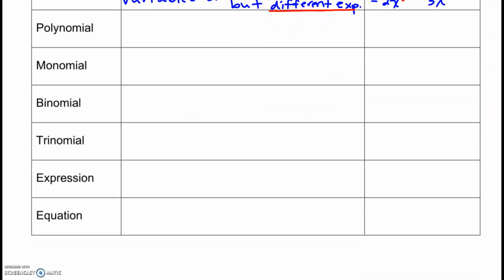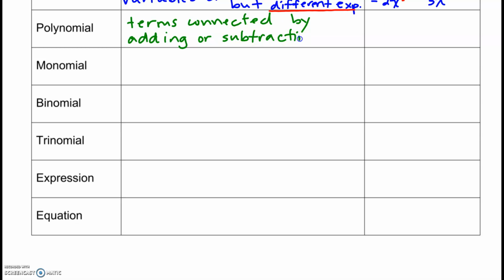So we have polynomial. Polynomials are terms connected by adding or subtracting. Okay, and an example would be I could have 2x squared plus 3x minus 7.